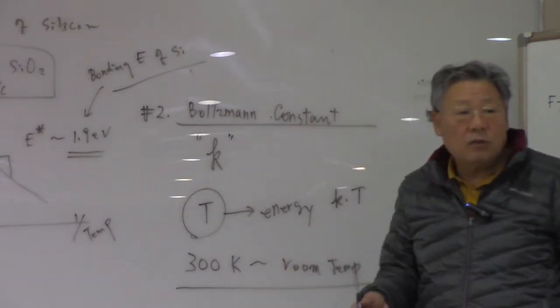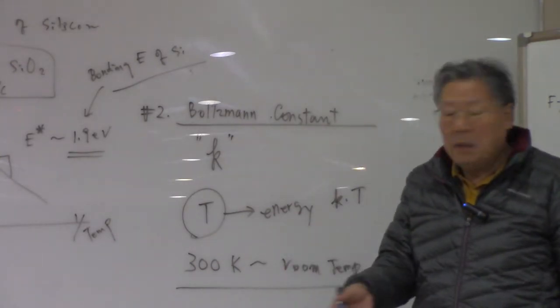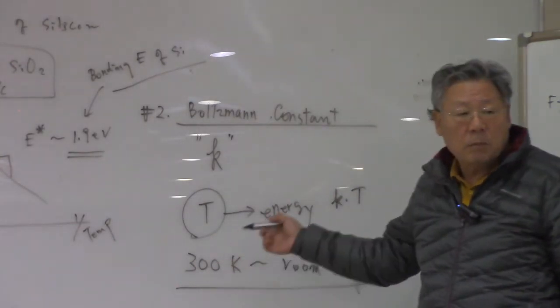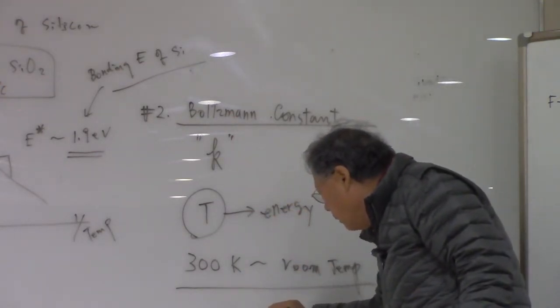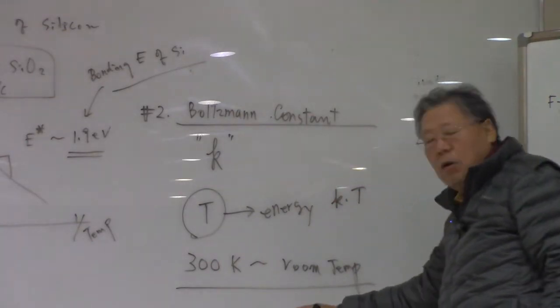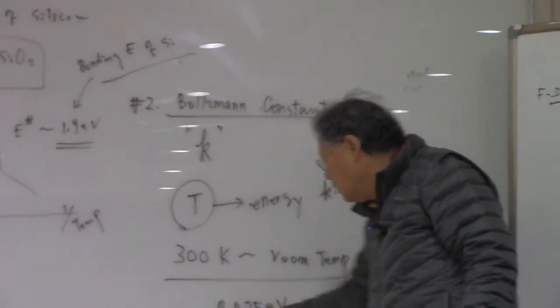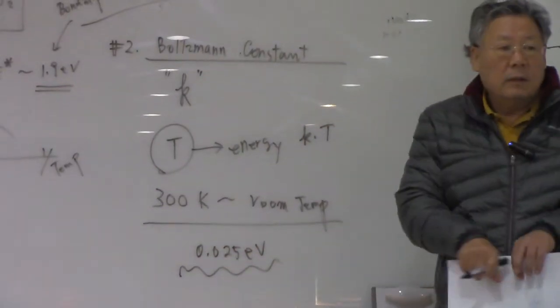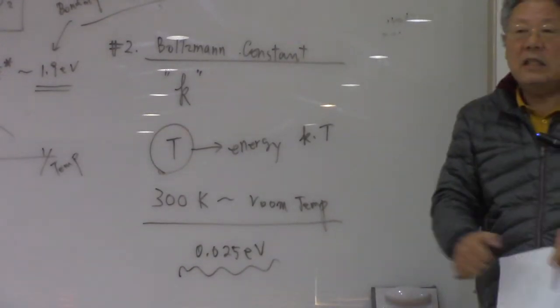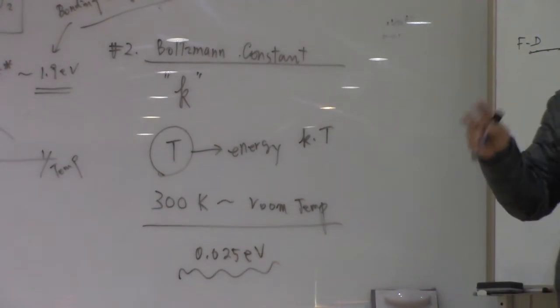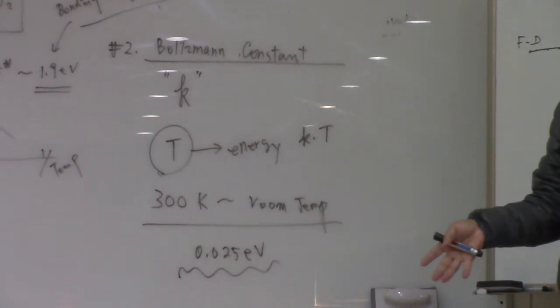Then all you have to do is multiply that 300 by the Boltzmann constant, and you end up with the number 0.025 electron volts. So the room temperature is just equal to 0.025 electron volts.